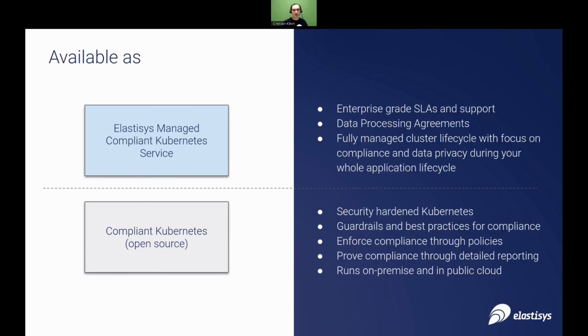That basically means that we're going to make sure that the platform is being managed and the personal information is going to be protected as mandated by GDPR. And we, of course, take care of everything from upgrading your clusters and making sure that all of the components I've just shown you are properly upgraded, so that you can focus on compliance at the application level, and otherwise the data privacy is ensured during the whole application lifecycle.